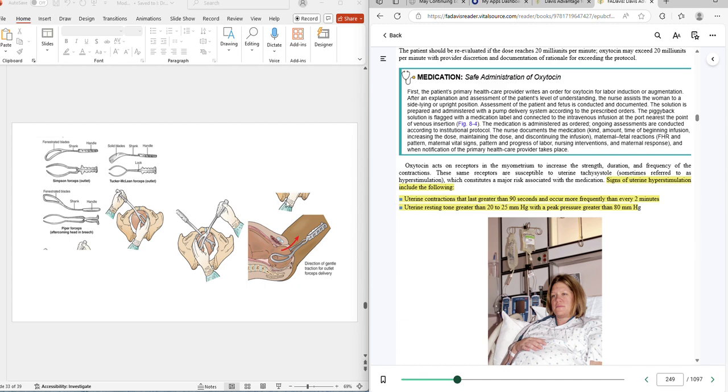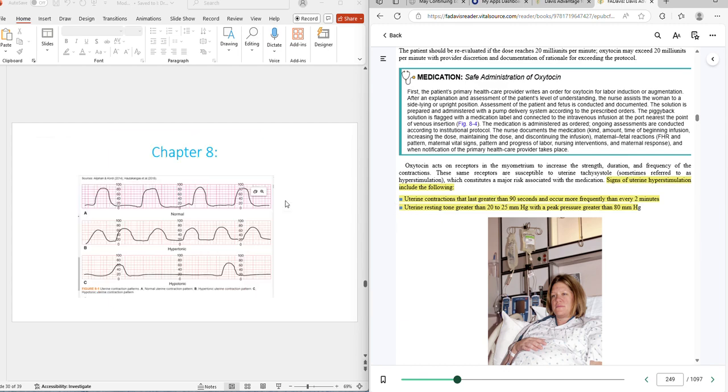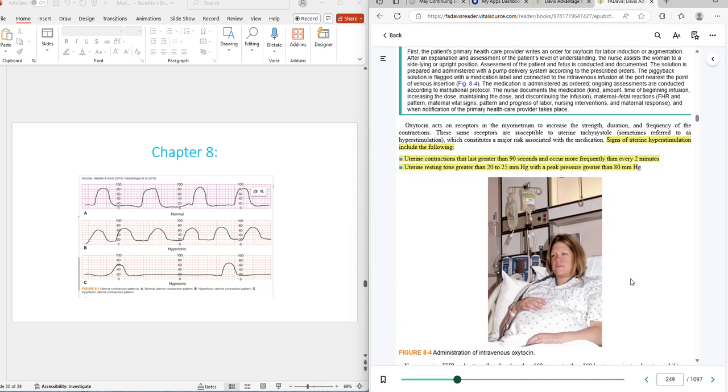And that's how far they go up on the strip. So over here, if they are really far, especially if it's an external monitor, it's not 100% accurate. So that's why we like those IUPCs, the intrauterine pressure catheter, because it will accurately tell you the millimeters of mercury for the contractions.